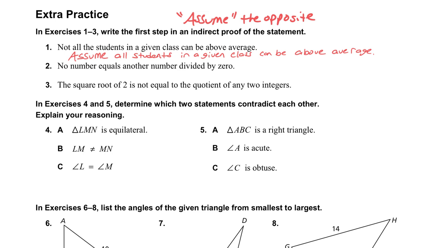All right, number two: no number equals another number divided by zero. So again, we're going to assume the opposite of the statement. So we're going to assume a number equals another number divided by zero.